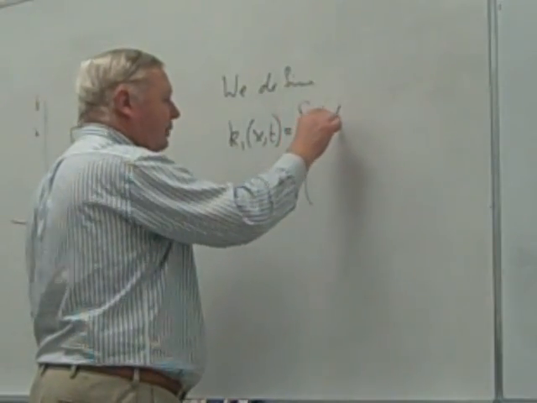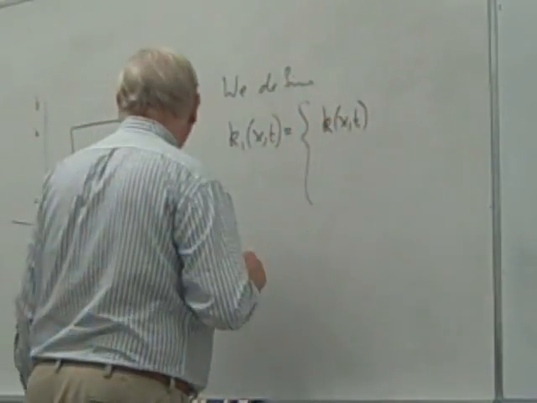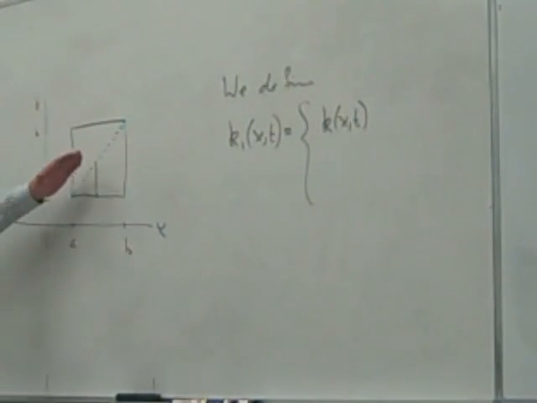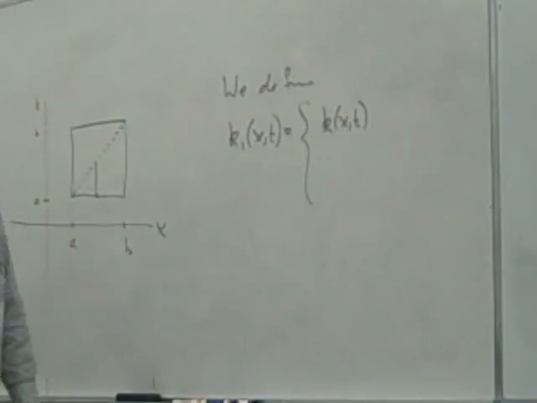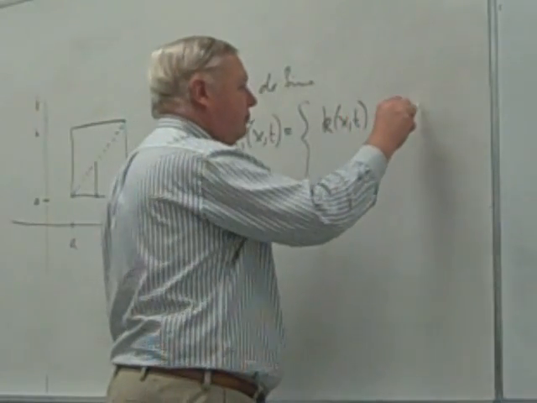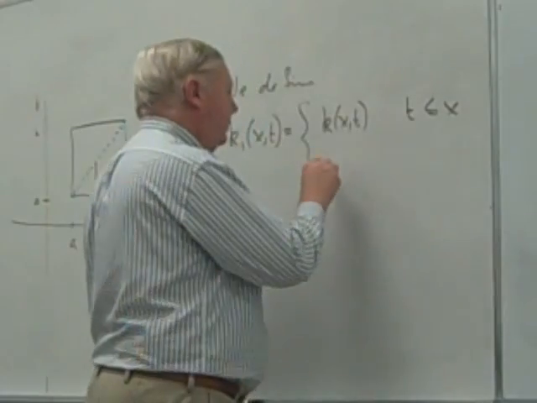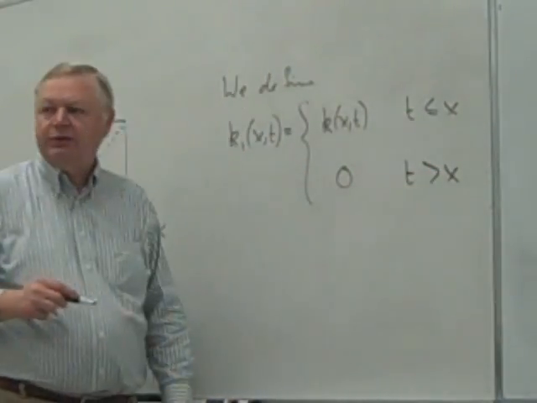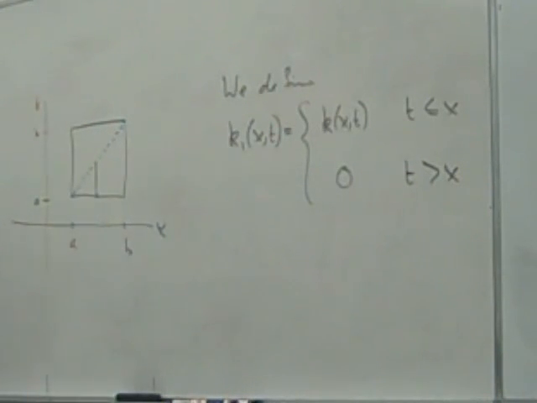It can be k of x,t provided that t is below x and 0 when t is bigger than x. So what that does, it simply takes the function that's defined over this square and says above the diagonal you make it 0.